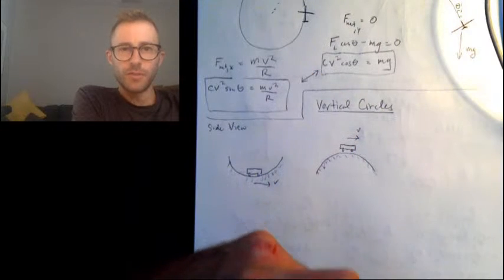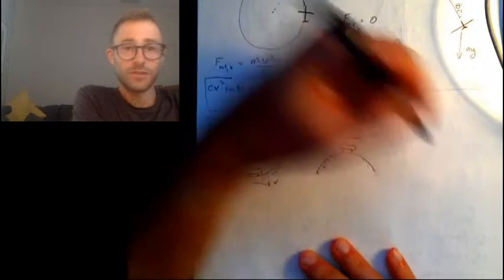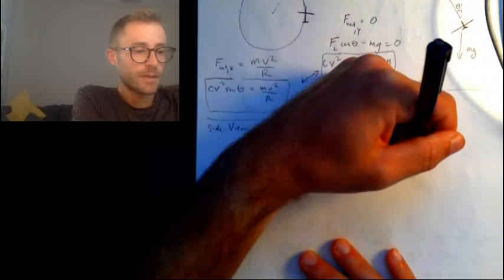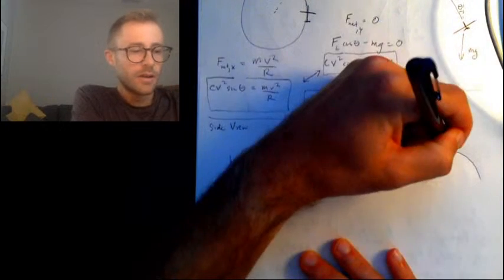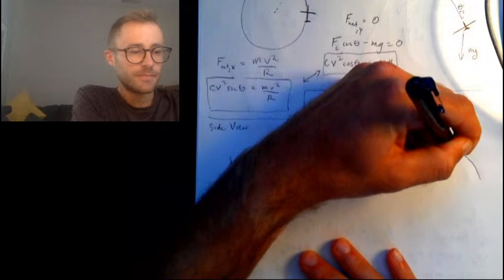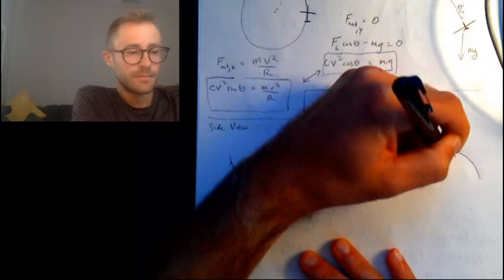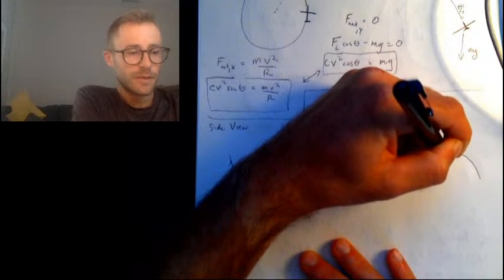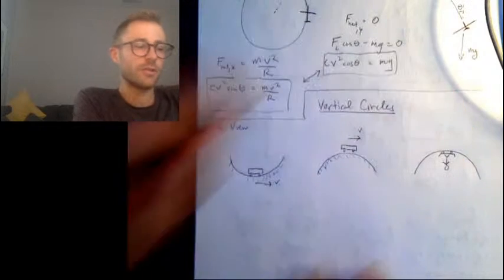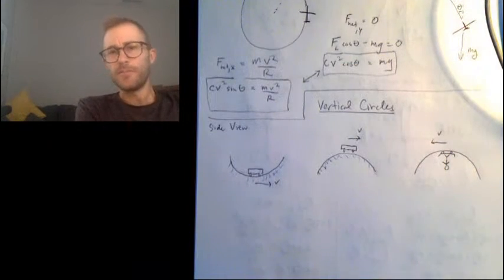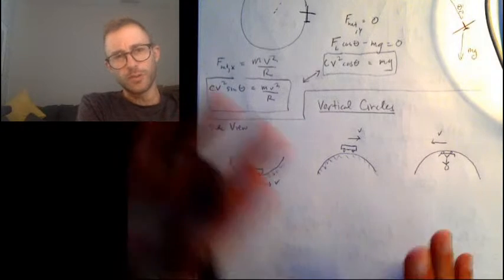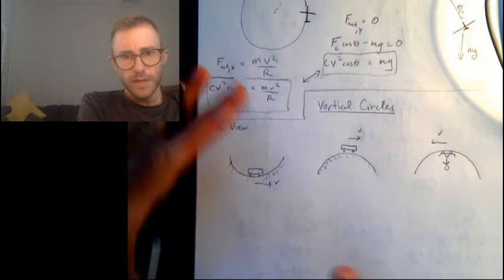Or you could have something like a skateboarder who's at the top of a circle and upside down. So these are some different scenarios I want to consider. Maybe the velocity is this way. So what are the forces in each case?